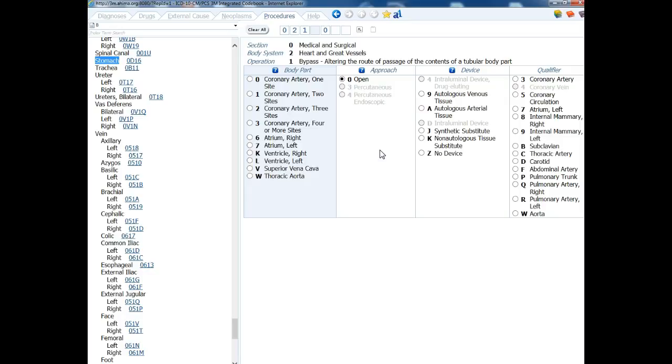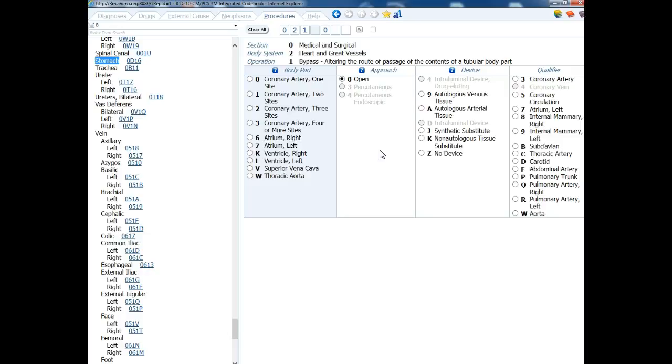So let's look at number 11 on the bottom of page 125. And basically this tells us that we have a CABG. That's the term that we use all the time for coronary artery bypass graft. And this tells us that we have a left anterior descending and an obtuse marginal coronary artery. So we have two arteries.